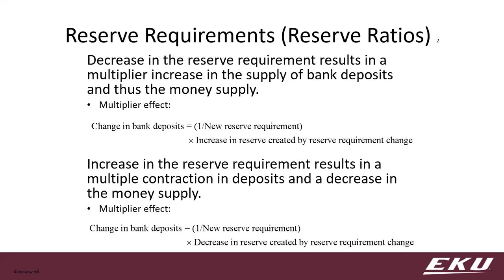If I make a loan and then they deposit that in another institution, that institution has additional reserves and can then make loans, right? So we always have to consider the multiplier effect and how it influences the amount of money available.